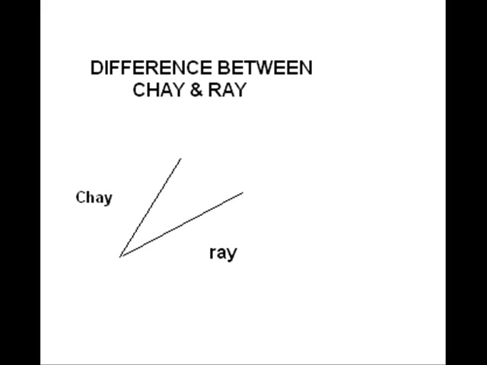From the horizontal line, Che is written downward at an angle of 30 degrees from the perpendicular, whereas Re is written upward 30 degrees from the horizontal line. So that is the difference. Both are light strokes. Che is written downward, Re is written upward. That is the difference, so don't get confused.